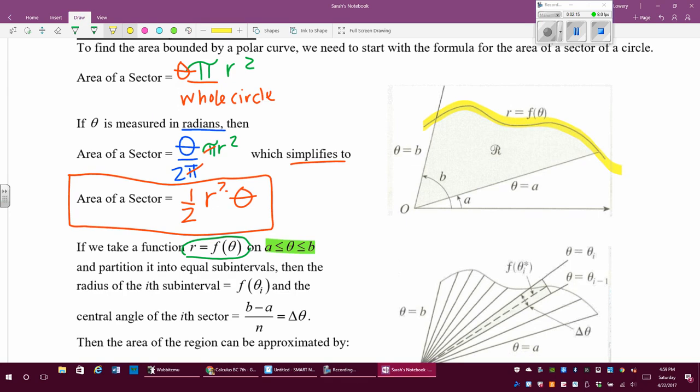In non-polar land, when we're looking at a non-polar function, here's A, here's B, and we want to find the area under this curve, right?